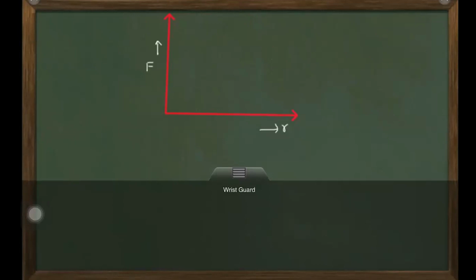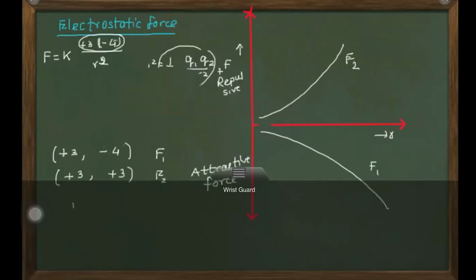As the distance increases, the force will decrease, and that's why this graph will be like this. Okay, so as soon as R becomes 0, the force will be what? Infinity.